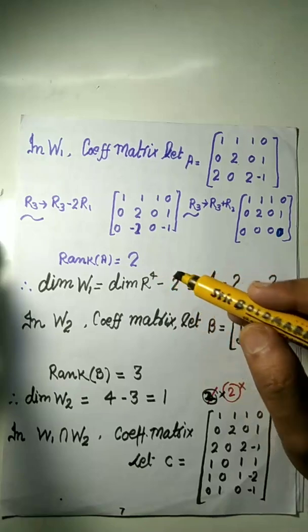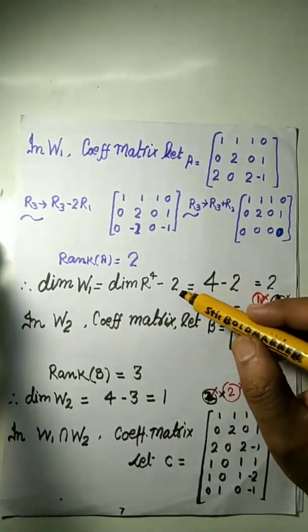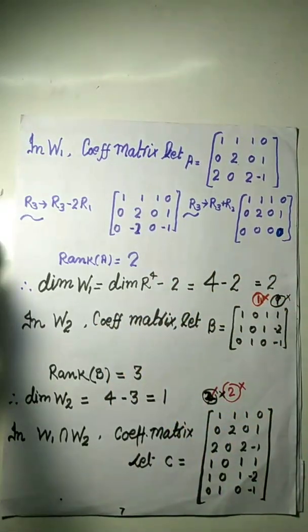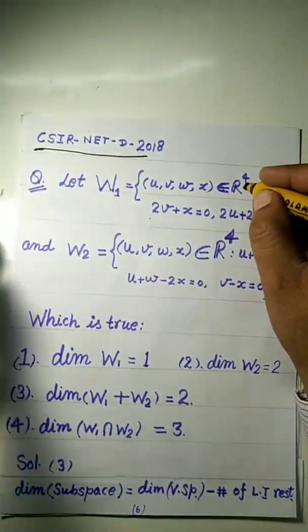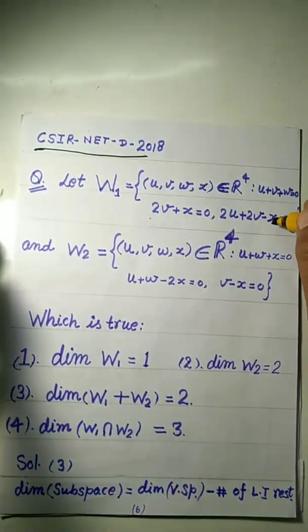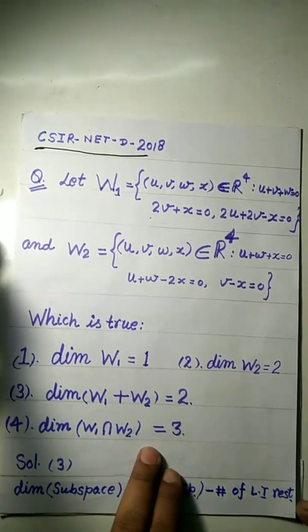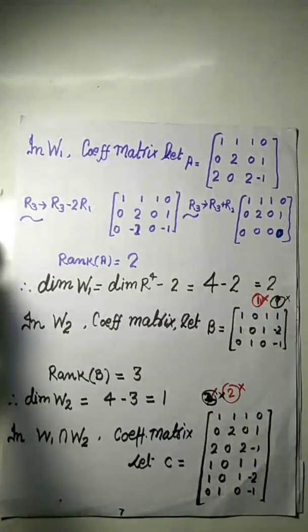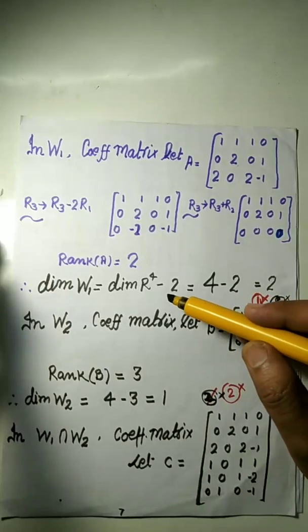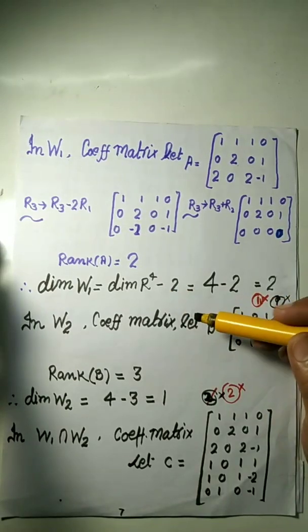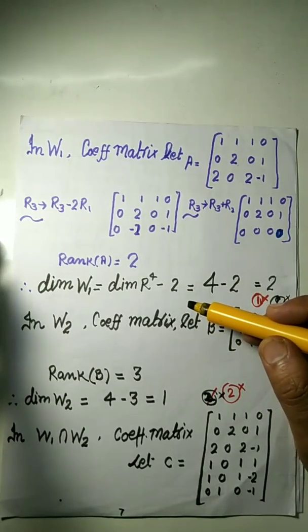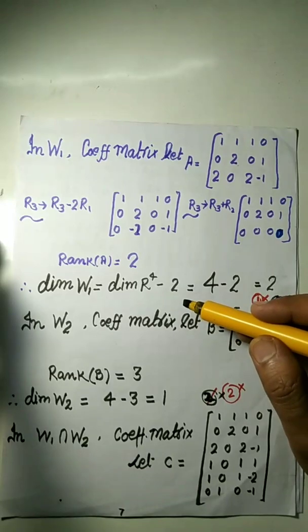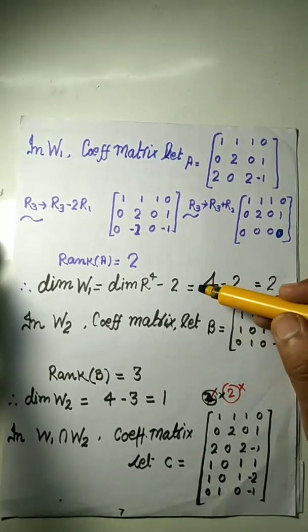Therefore, dimension W1 is dimension of R4 minus rank of coefficient matrix.